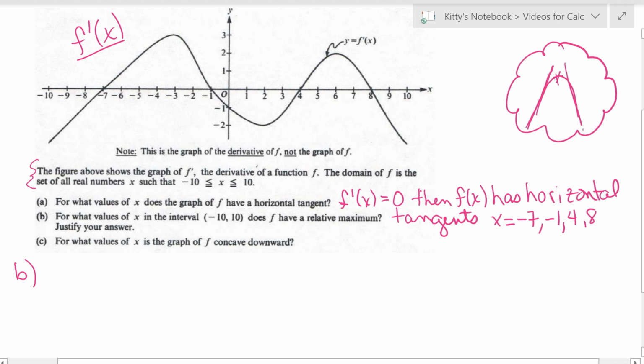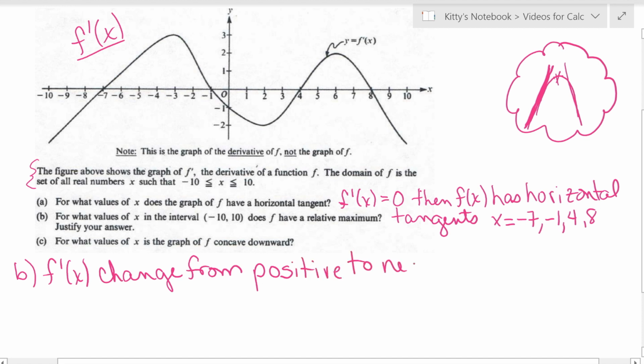So I need for f prime of x to change from positive, because f prime is the slopes, to negative around a point. So could we even use the information we had from our last thing about horizontal tangents, where we had those places right there that I erased erroneously, it looks like.